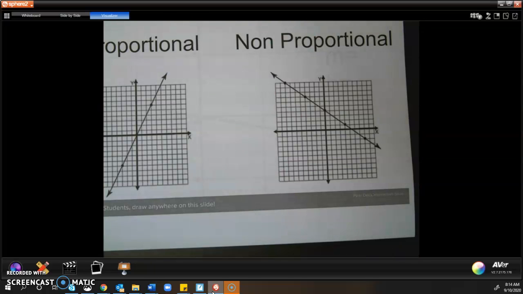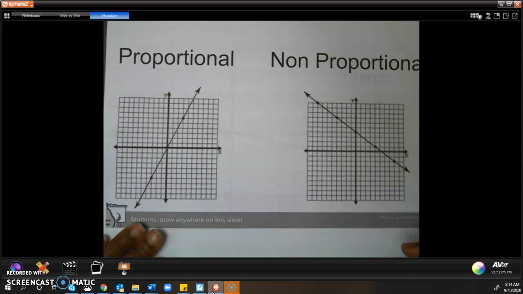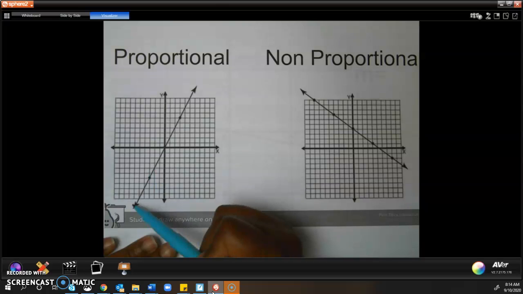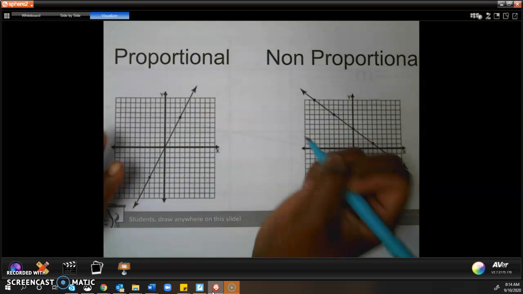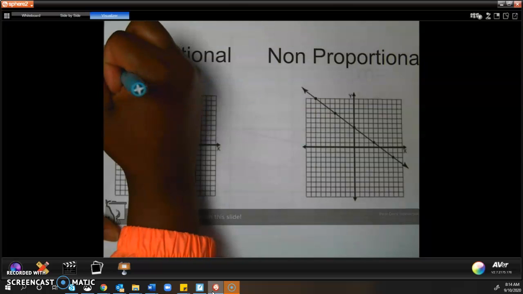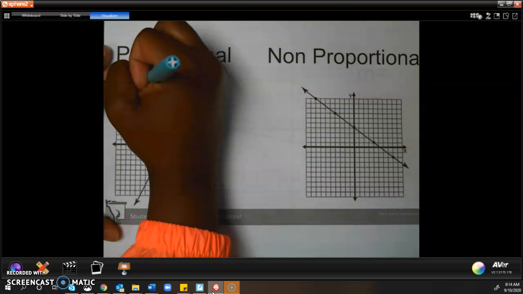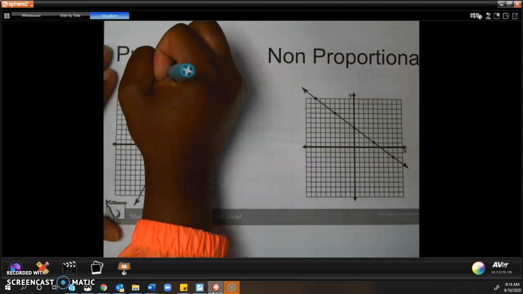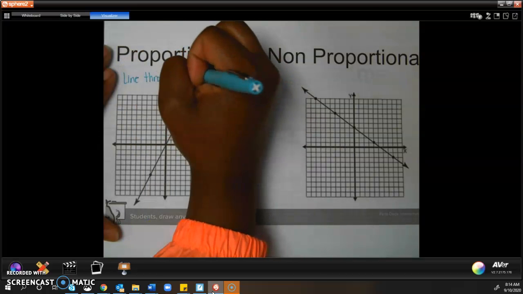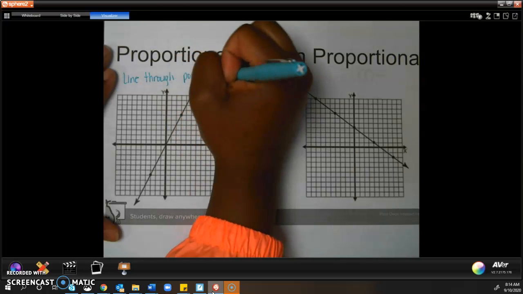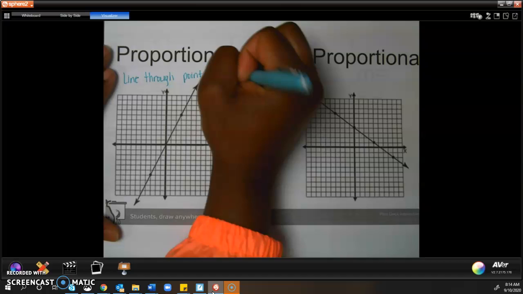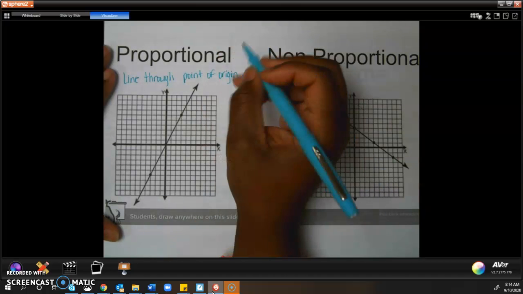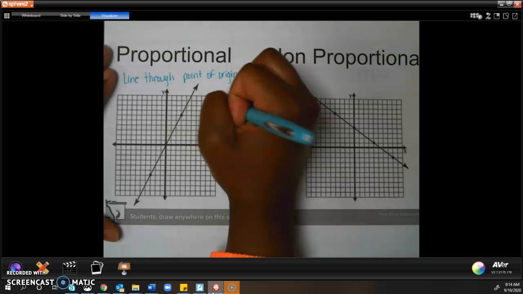So remember, this represents non-proportional relationships. So if we take a look here, you can see the difference between proportional and non-proportional. Here, in a proportional relationship, my line goes through the point of origin, which is (0, 0). Your b, your y-intercept, is equal to 0.